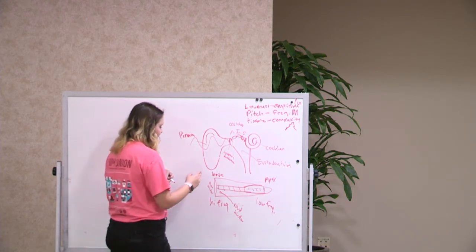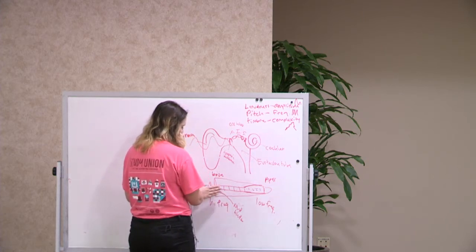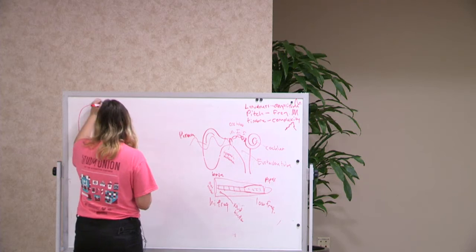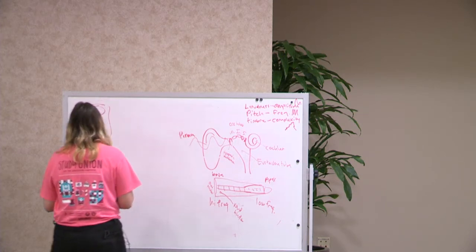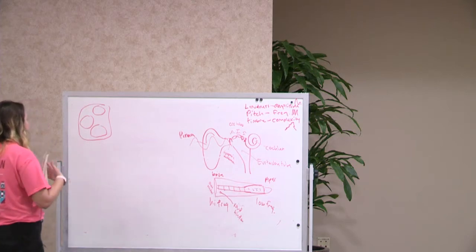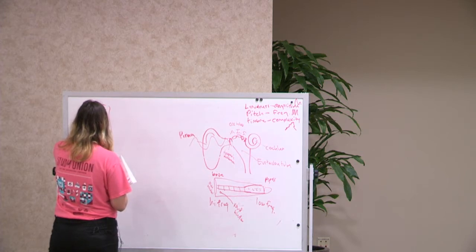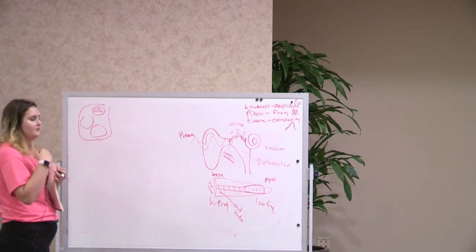So now, if we cut the cochlea in half and look at it from within, we will find that it has 3 hollow tubes. On the top, you have your scala vestibuli. And I always remember that as vestibuli is on the top because you wear a vest on the top.